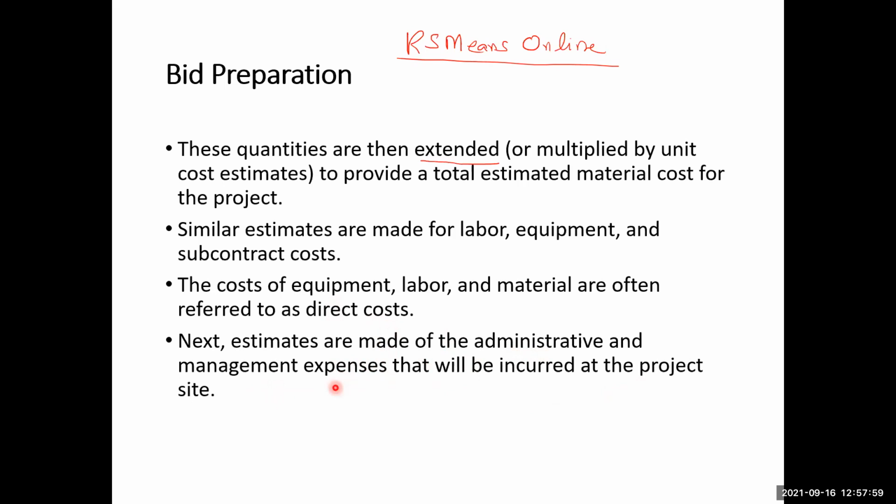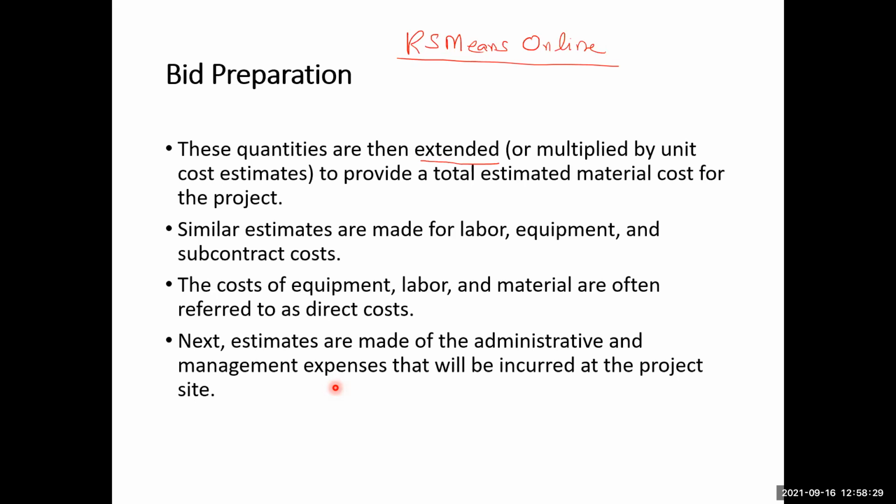So all the management, the site foreman, site supervisor, site superintendent, site engineers, the project managers, the other staff working on the project site office, the electricity or the utility expenses at the site office.